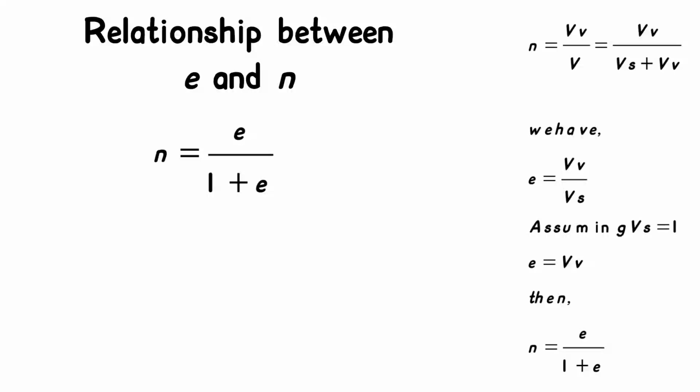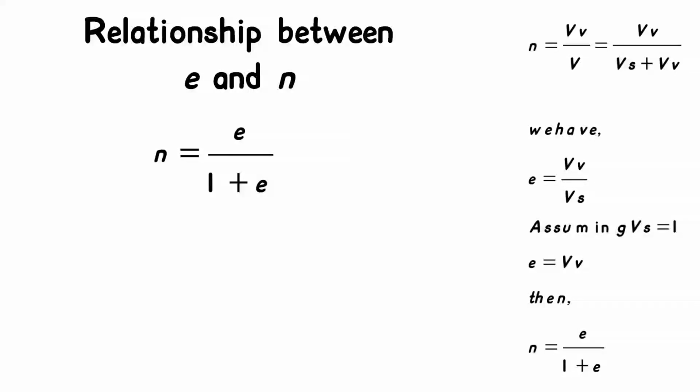You obtain that as follows. We know that porosity n is equal to volume of voids divided by V, that is Vv divided by V, which you can write as Vv divided by volume of solids plus volume of voids. Now we know that e, the void ratio, is equal to volume of voids to the volume of solids.